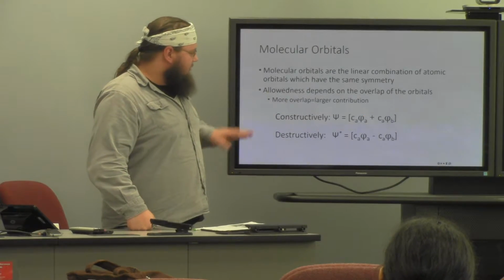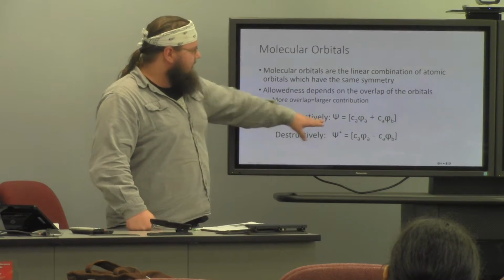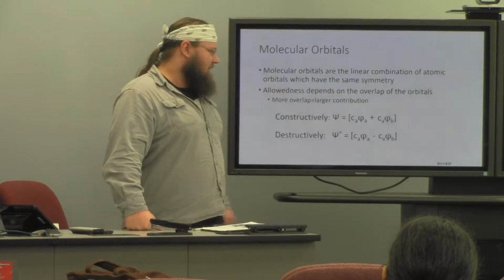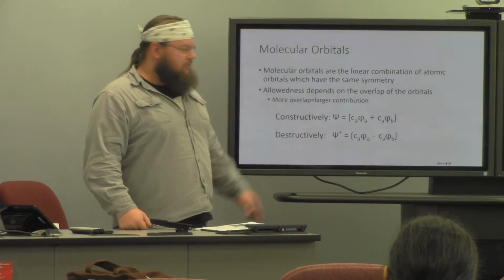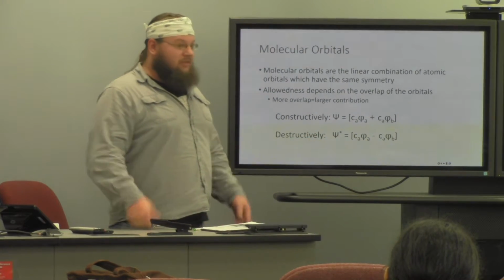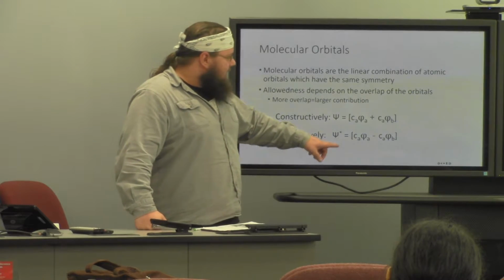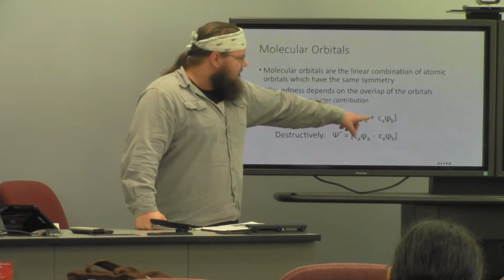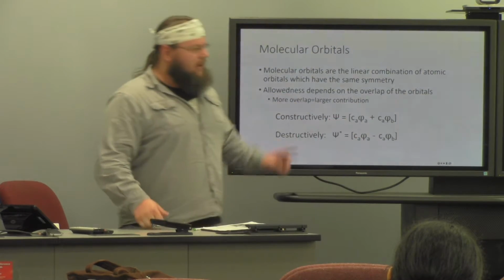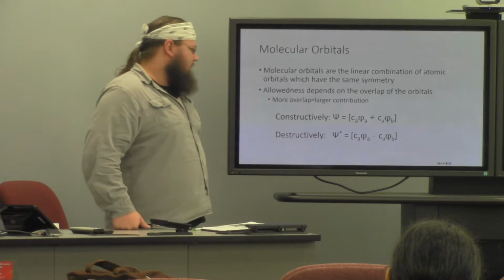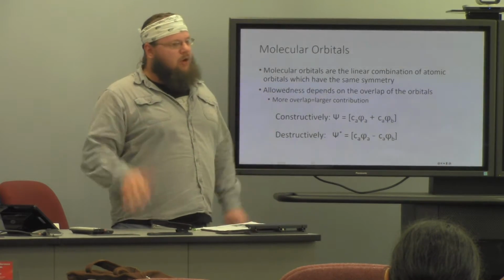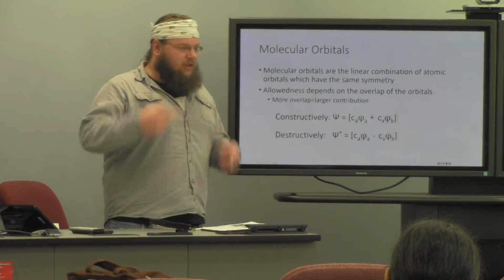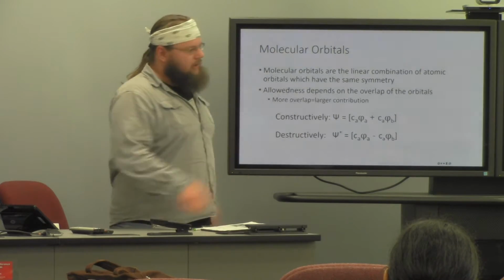Very basically, they can either be constructive, where your wave functions add together, or destructive, where your wave functions subtract from each other. You can see here the C alpha and C beta, they are your coefficients for how much they contribute to each molecular orbital.